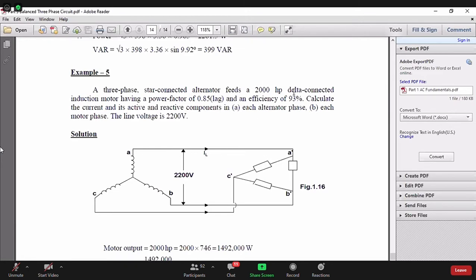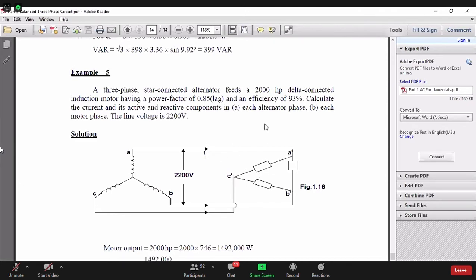Now this 2000 HP is a mechanical power. It's not electrical power. So this motor always has an input power and output power. The input power is electrical power, output power is mechanical power. Now this 2000 HP is therefore the output power. From that you cannot calculate directly the current. What you need is the input power, that is the electrical power.